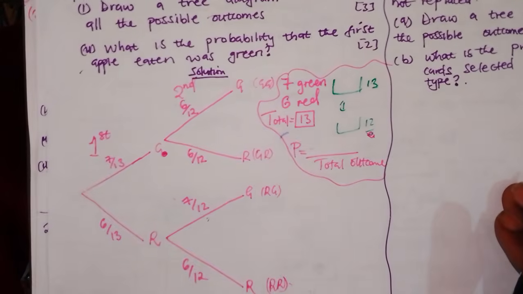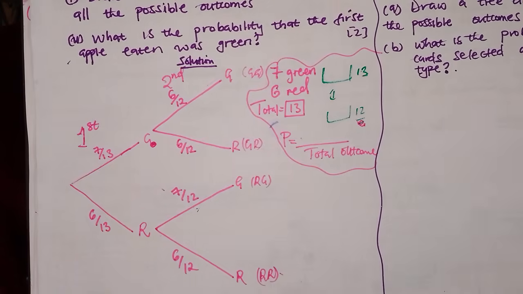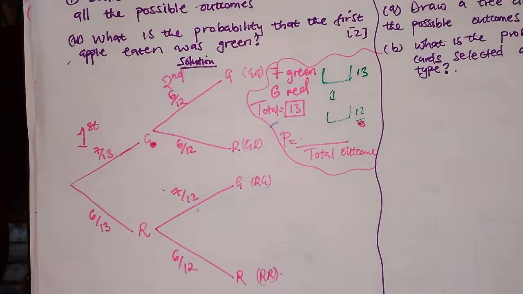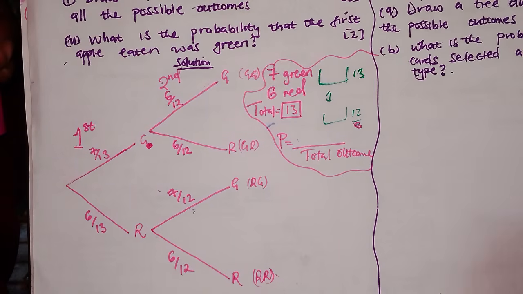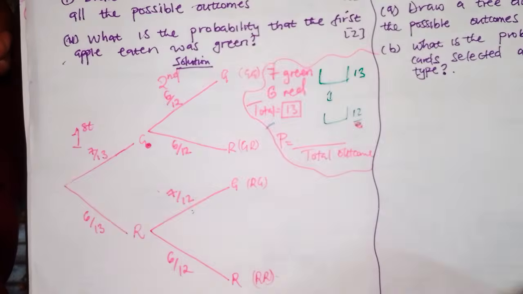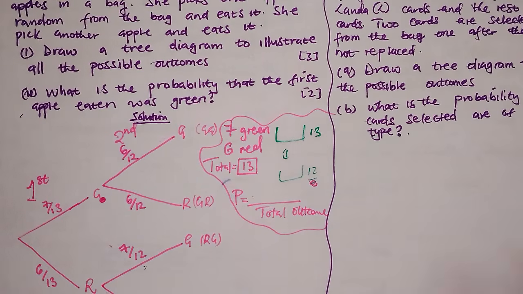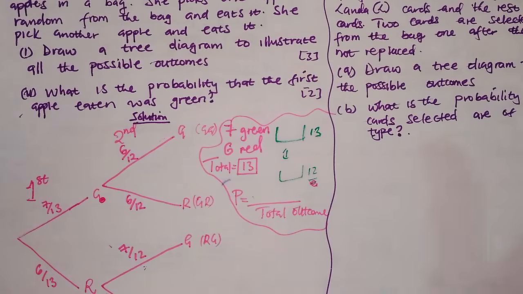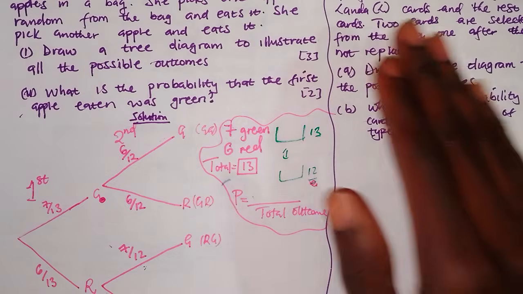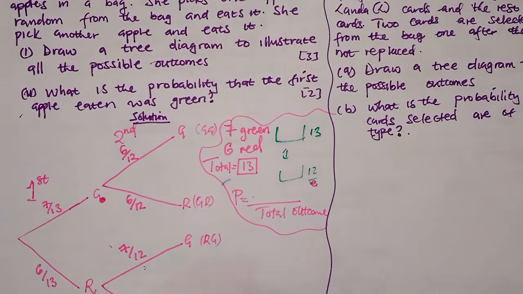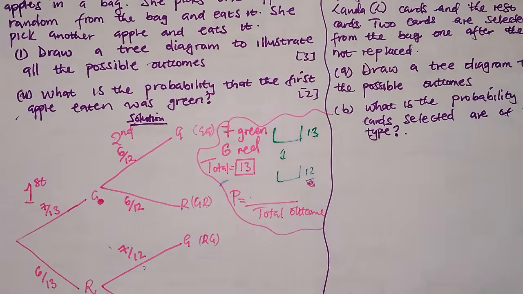So a tree diagram is quite simple. Let's again try to solve question 2 before moving on to the next question. The second question is saying a bag contains 9 identical cards, 4 of which are kuhanjika, represented by K cards.